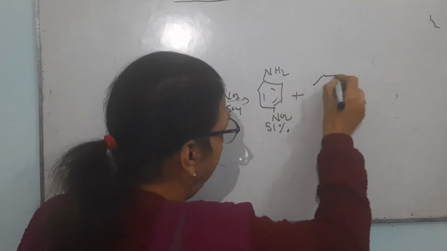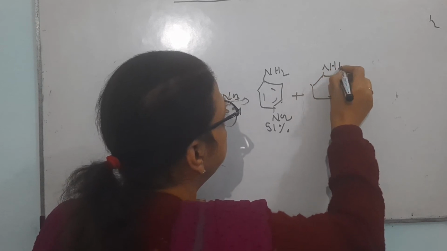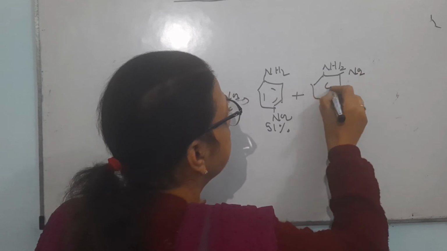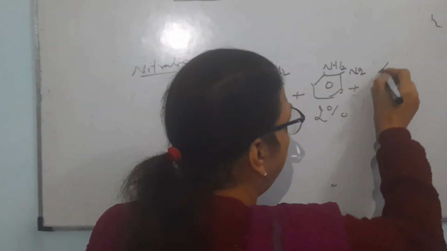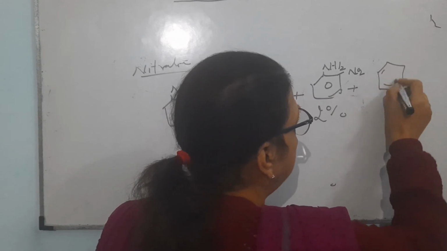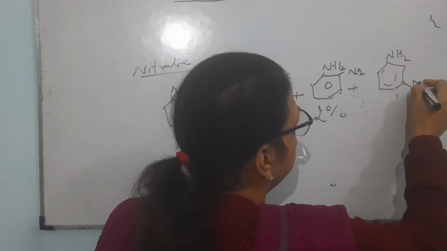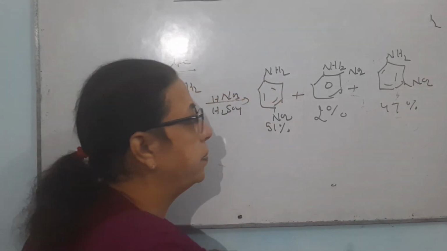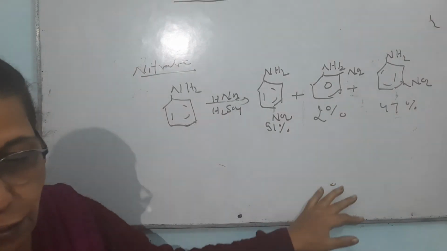There will be formation of ortho product, that will be 2%, and there will be formation of meta product, that will be 47%. So a substantial amount of only these products are formed.